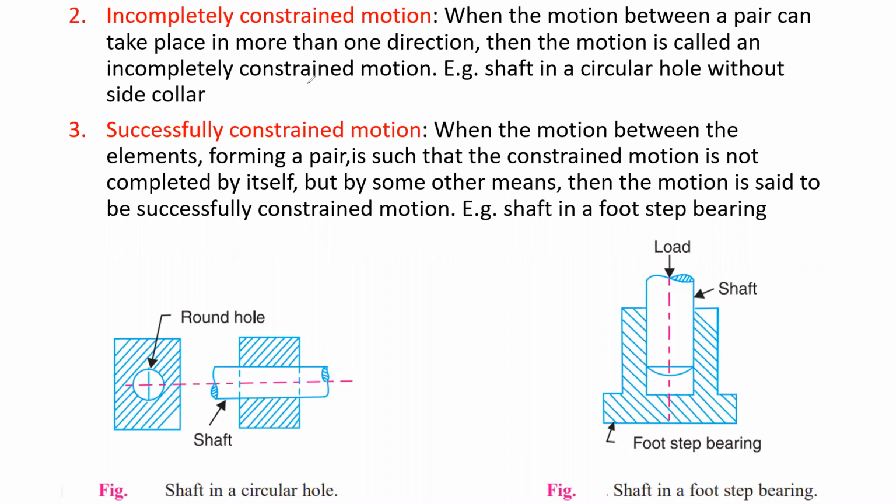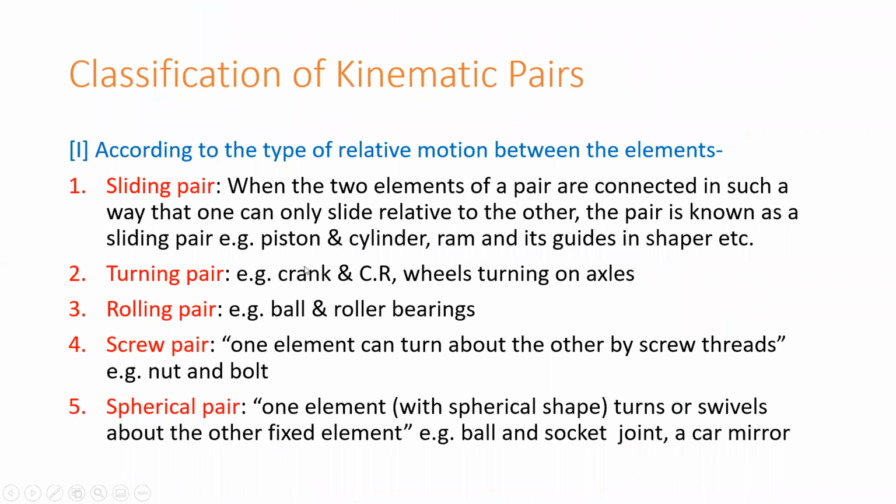Okay, next. Now we have seen what is a kinematic pair. We know that in a kinematic pair, the motion is a constrained motion. Now let us see the different classifications, the different types of kinematic pairs. To classify the kinematic pairs, there are different criteria.